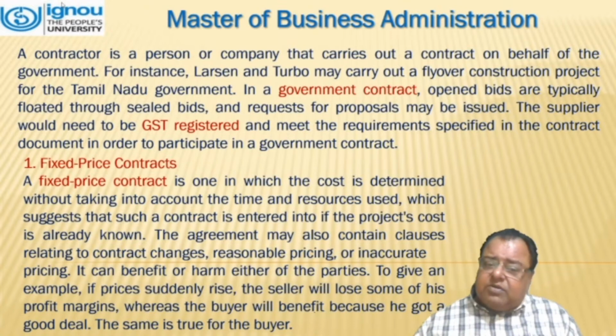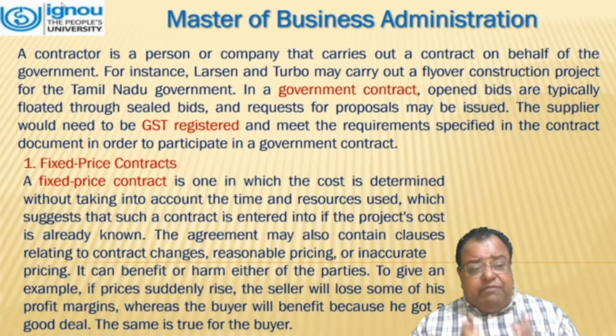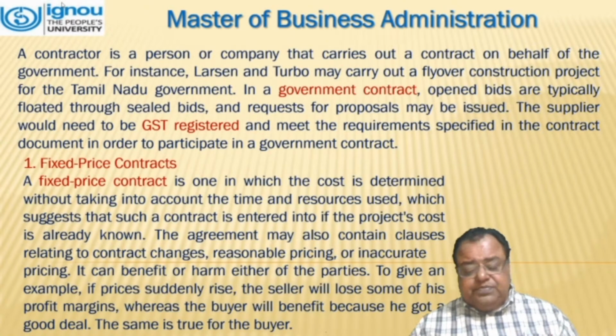A fixed price contract is one in which the cost is determined without taking into account the time and resources used, which suggests that such a contract is entered into if the project's cost is already known. The agreement may also contain clauses relating to contract changes, reasonable pricing, or inaccurate pricing.